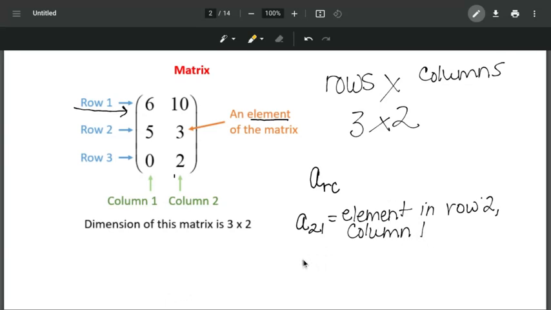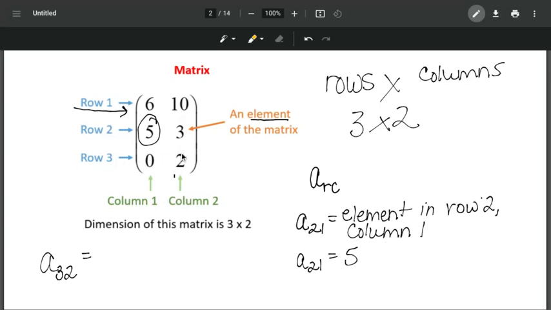So A21, if I go to my matrix and I look at the second row, first column, A21 is the number 5. So then if I were to say, okay, what is A32? Let's see, the third row and the second column would be third row, which is right here.